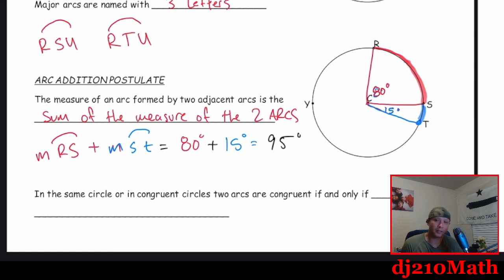So if you have two arcs that are next to each other, you add them up, you get the whole amount. Right, too easy.